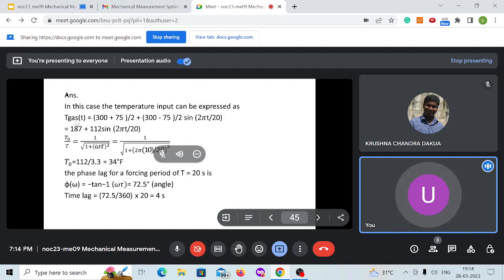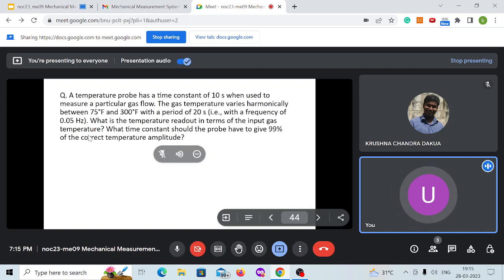Since this is a first order system, we know the temperature amplitude ratio, so amplitude of output by input, is 1 by root over 1 plus omega tau square, where omega is 2 pi by T and the time constant is 10 seconds as given in the problem.